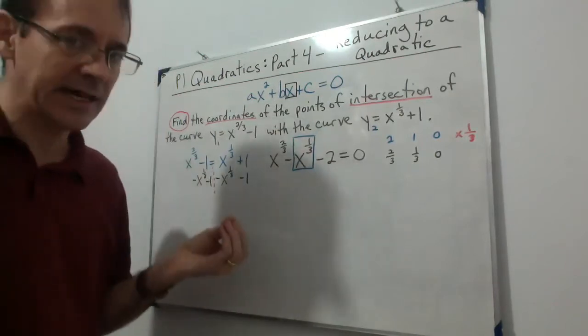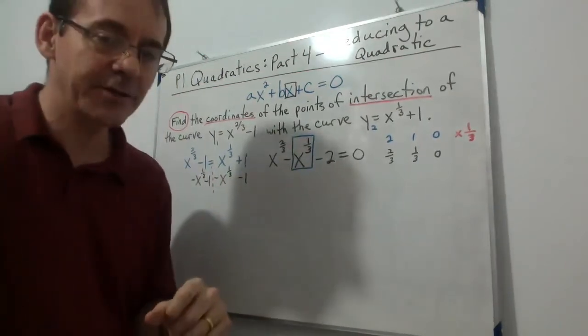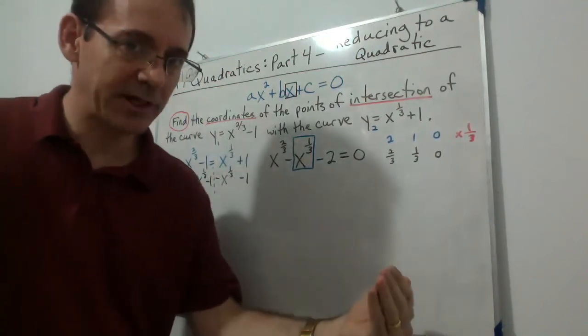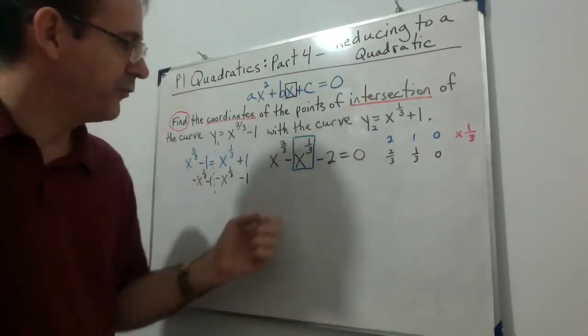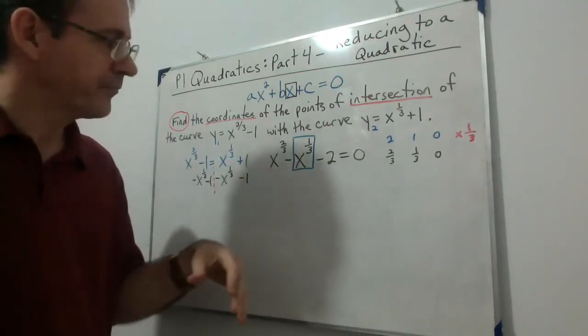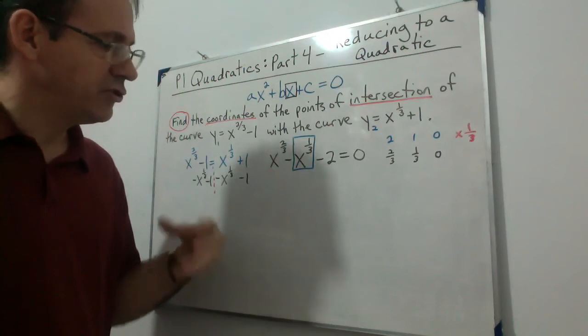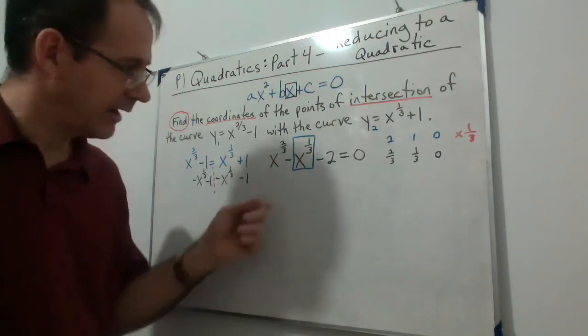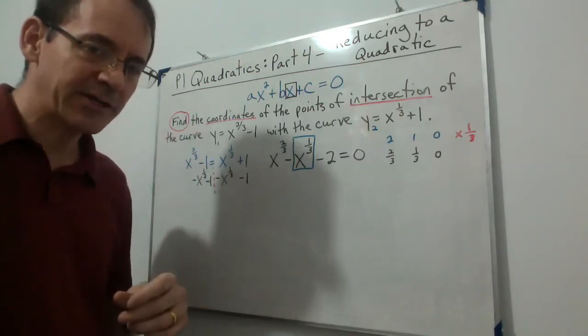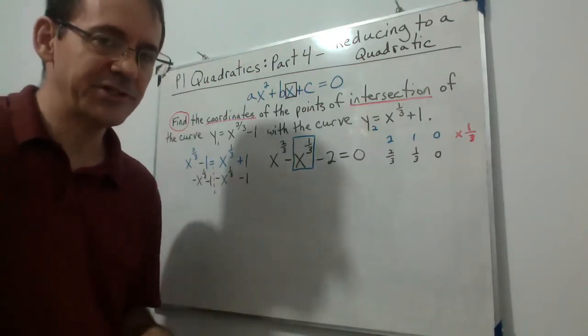If you recognize that this can factor, then you should factor it. It is the more efficient method. When you factor it, instead of having x in your factors, you should have x to the 1/3. In fact, let's go ahead and do factoring since it is the more efficient method.